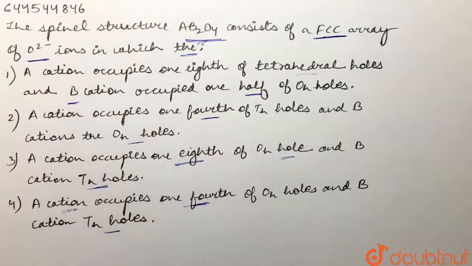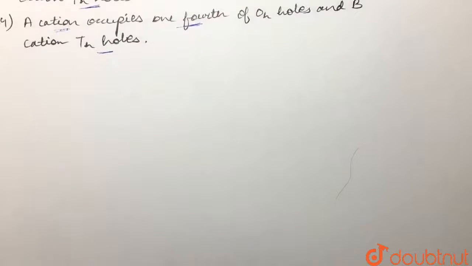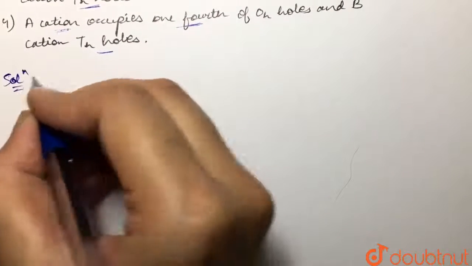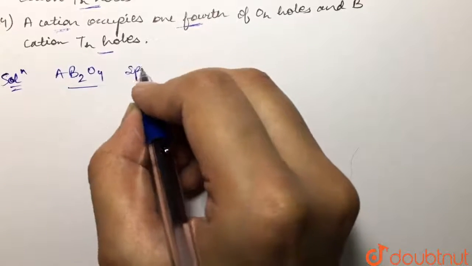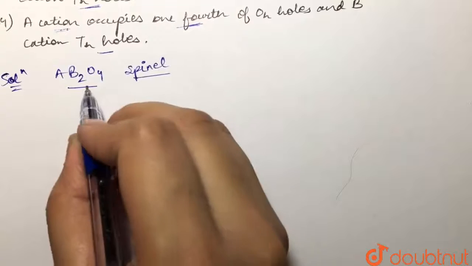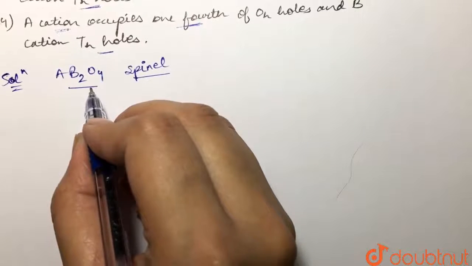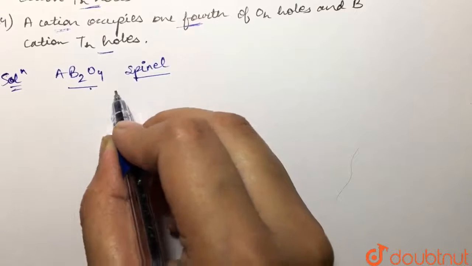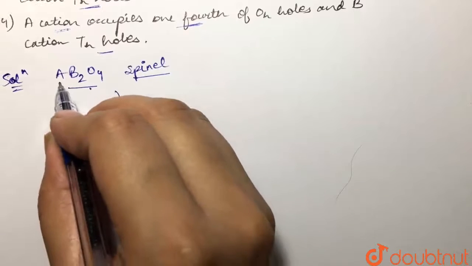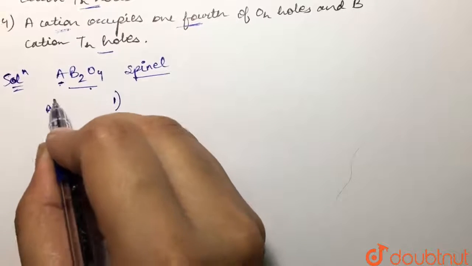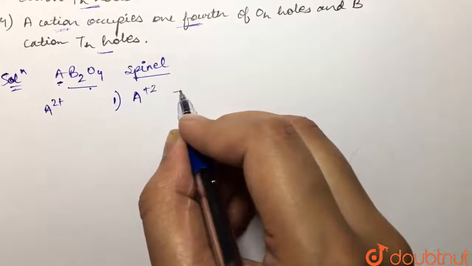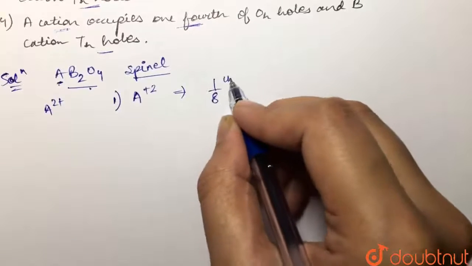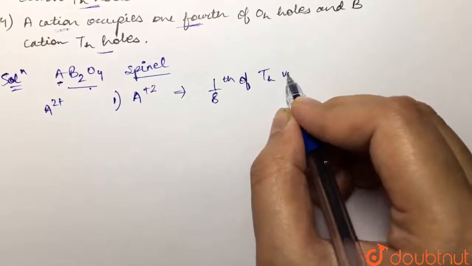So we're going to see what the spinel structure AB2O4 is. We are given AB2O4, right? This is our spinel structure, and specifically a normal spinel because it is the AB2O4 type of spinel. So the first thing that we're going to discuss is the divalent cation A2 positive. This A over here is A2 positive. So this divalent cation A2 positive is basically occupying 1/8 of the tetrahedral voids.